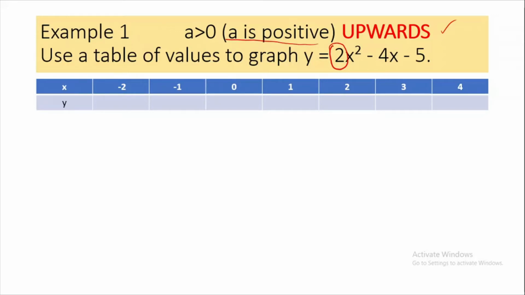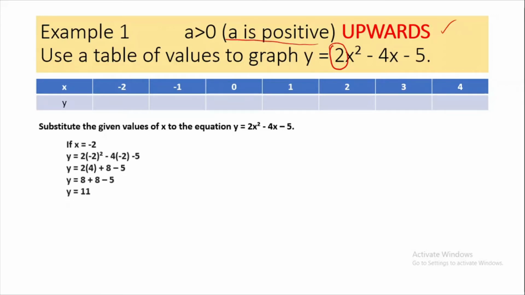All we need to do is find the values of y. How do we do that? We substitute the given values of x into the equation y = 2x² - 4x - 5. Before, we've already discussed how to find the values of y by substituting the values of x. In this case, if x is equal to -2, the value of y is 11.